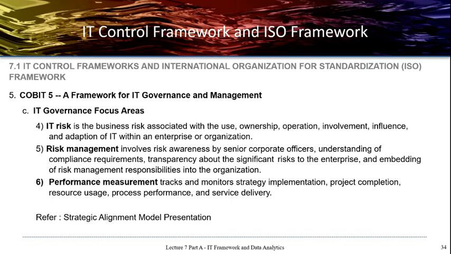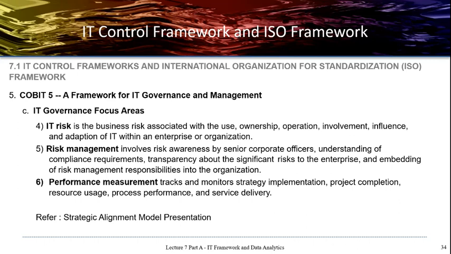So the COBIT 5 framework for IT governance and management. The IT governance focus area, IT risk, is the business risk associated with the use, ownership, operation, involvement, influence, and adoption of IT within an enterprise organization.